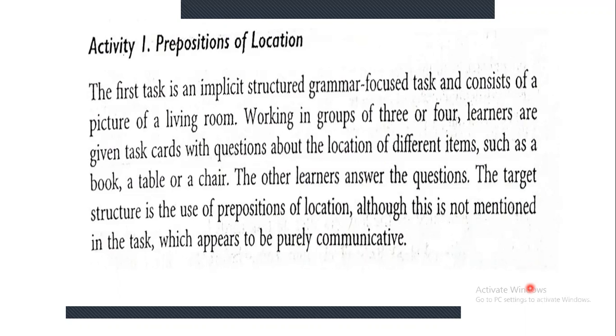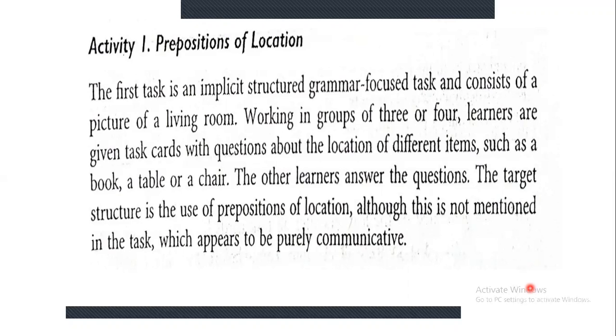The target structure is the use of prepositions of location, although this is not mentioned in the task, which appears to be purely communicative. So this is one example of implicit, everyone. Implicit means indirect. It is about the preposition of place.